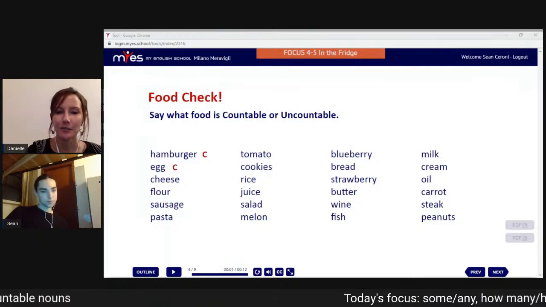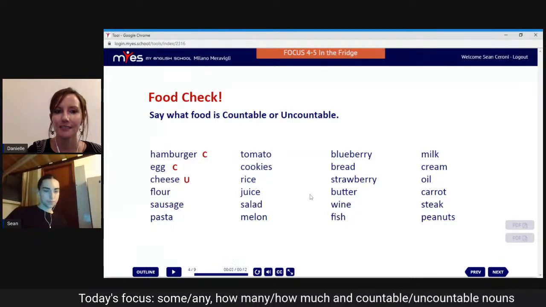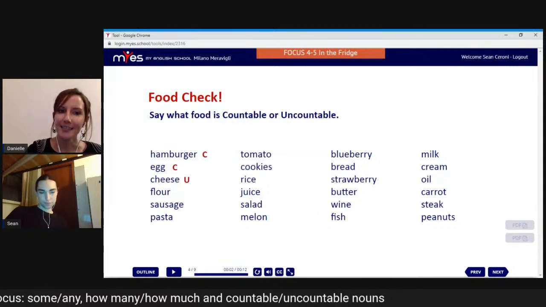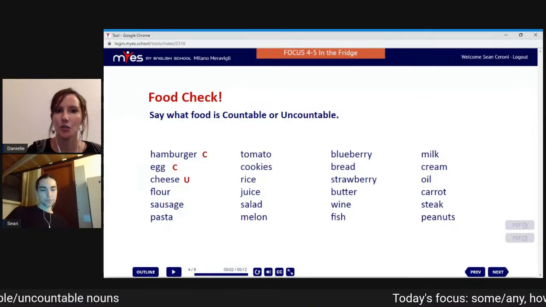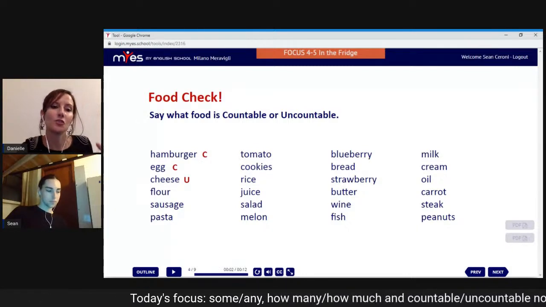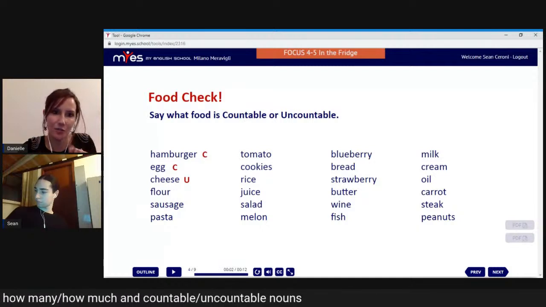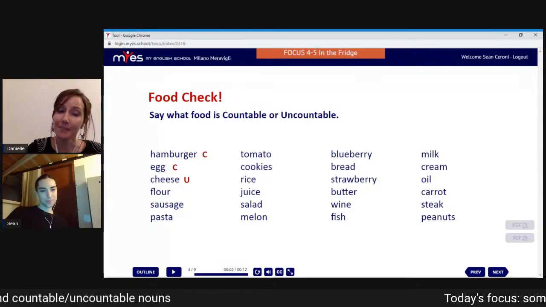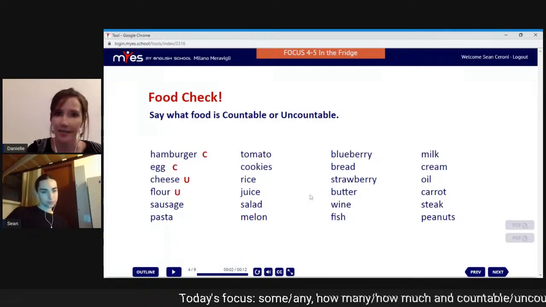So it's uncountable. What you can say though is one piece of cheese, two pieces of cheese. But that's because you talk about a piece. But generally, cheese is not countable. And flour is the same. Flour is uncountable.